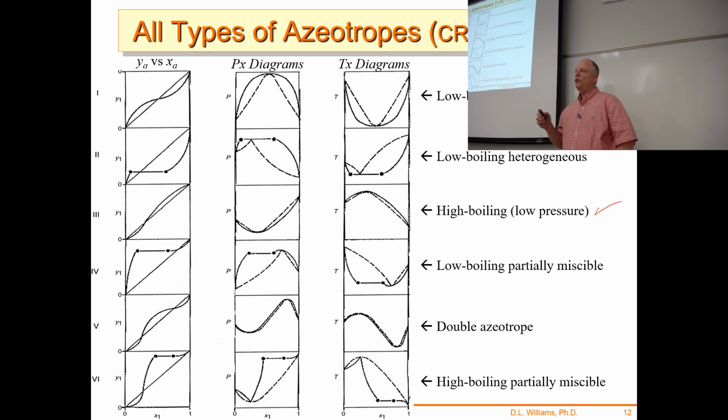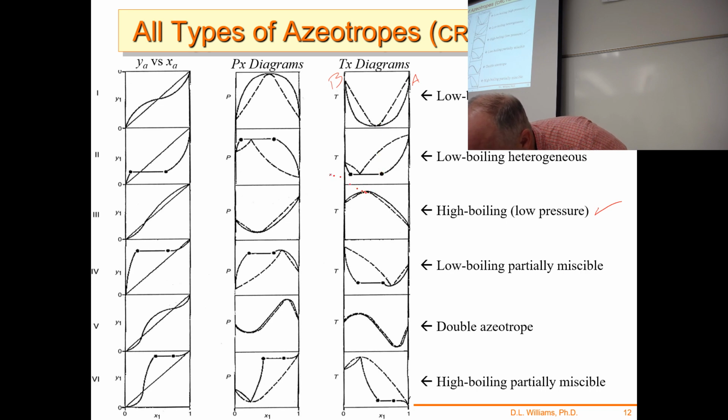We looked at a low boiling azeotrope where the azeotrope had the lowest boiling point. It was lower than pure A or pure B's boiling point, and you can see that. Here's the boiling point. If this is the mole fraction of A across the x-axis, this would be A, this would be B, and this would be the azeotrope's boiling point here. So that would be the low boiler, and for the high boiler, the azeotrope would boil high.